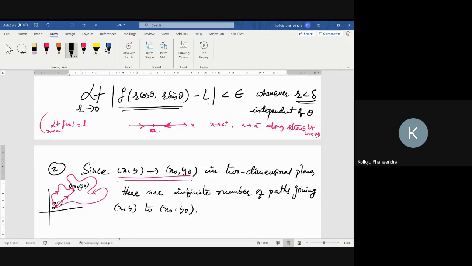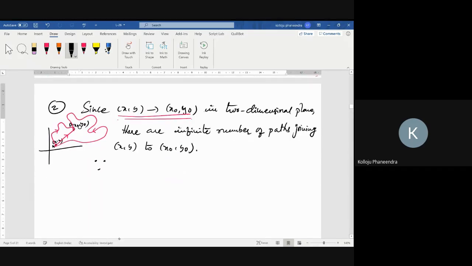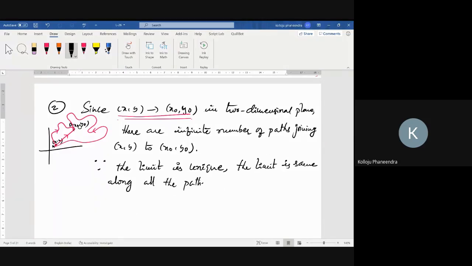And since the limit is unique, the limit is the same along all the paths. Okay, this is important. In problems we use this concept, along the same path. Therefore, the limit is independent of the path.